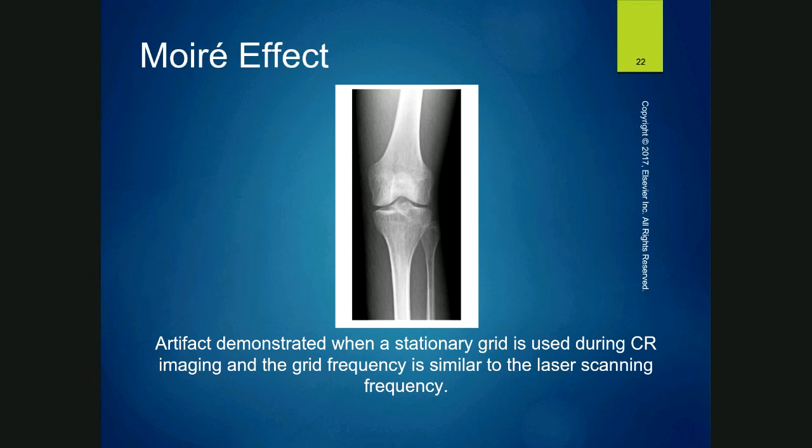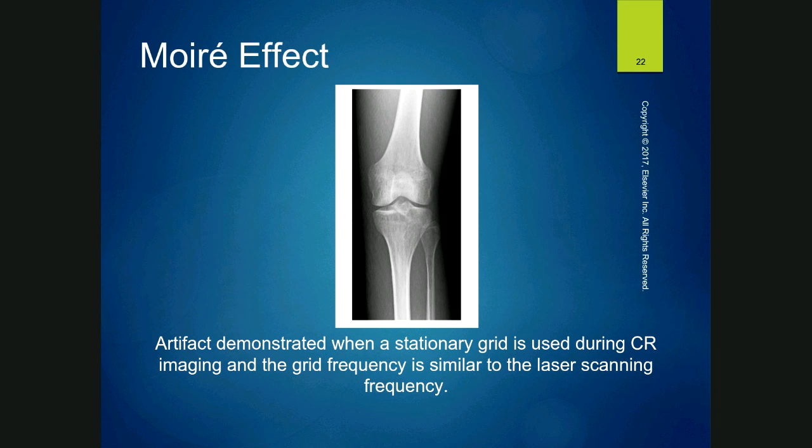I have one slide on here about the moire effect. Ms. Garner will talk to you more about this in DR class, RAD 122 in the summer. Moire effect is something that can happen when your grid lines match the way that a CR reader reads a CR cassette.